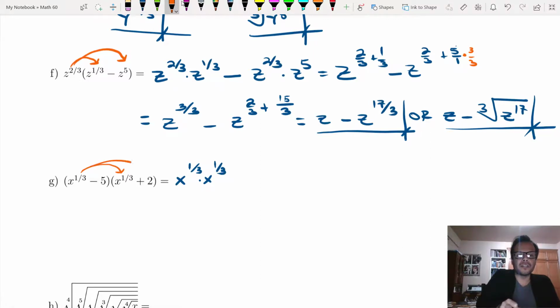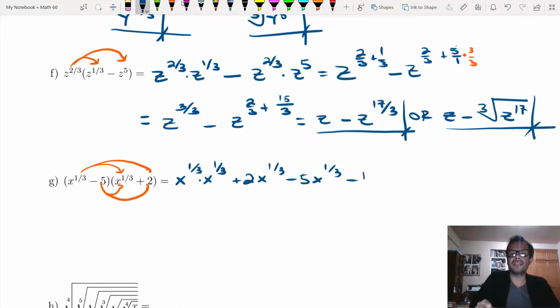And then plus 2 times the quantity x to the 1/3, right? And then let's change color. -5 times x to the 1/3. We multiply those two together, we get -5x to the 1/3. And finally, -5 times +2. That's going to give us a -10.